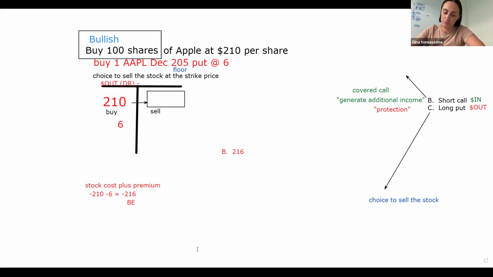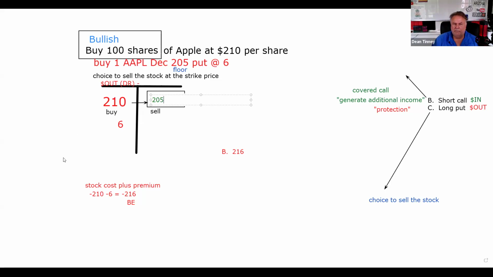Maybe Apple allows ChatGPT to make an update to the iPhones and it accidentally shuts down all the iPhones. Oh my God, Apple's going to tank. No worries for us, because anytime we want, we can sell the stock at the strike price.